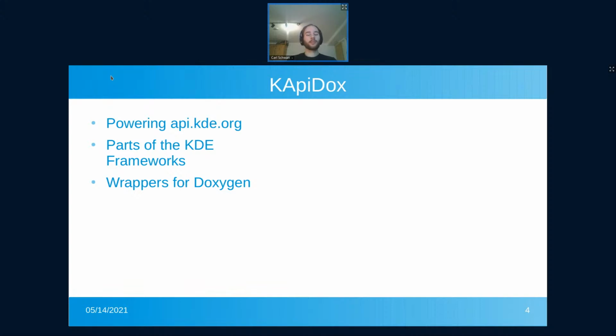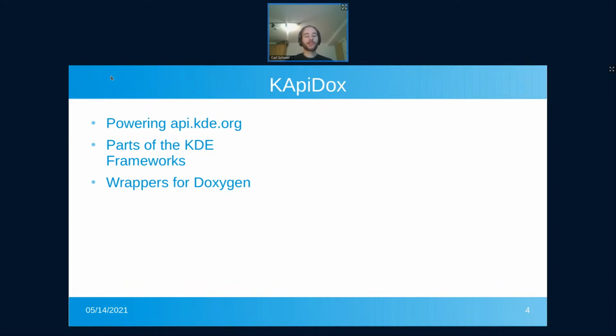So it has a stable API and is released very often. But more importantly, it's a sort of wrapper on Doxygen. And the reason why we can't use Doxygen only is because of two major reasons.